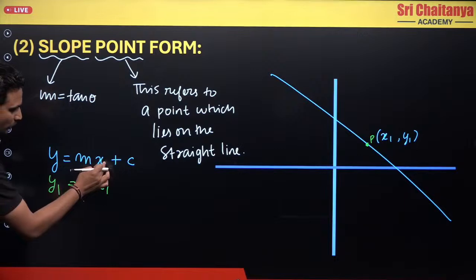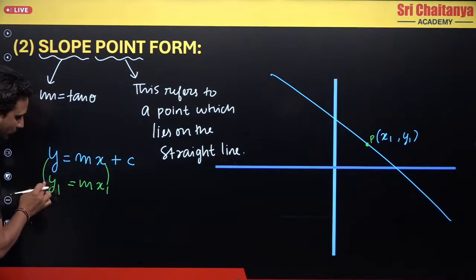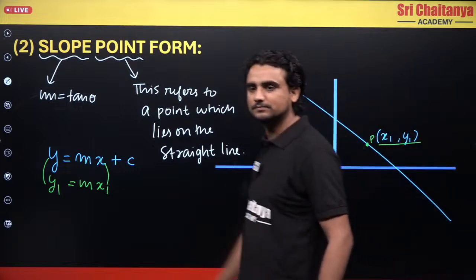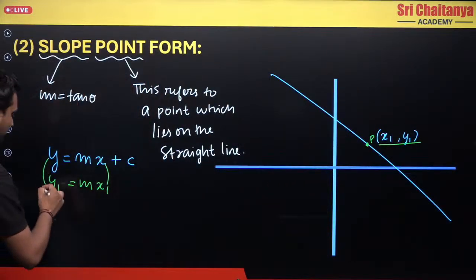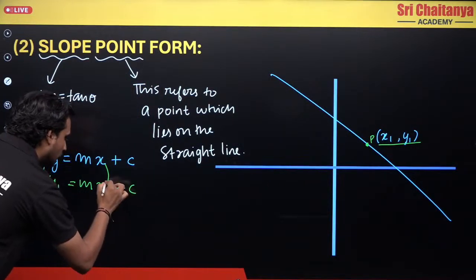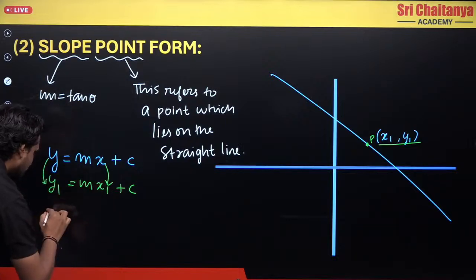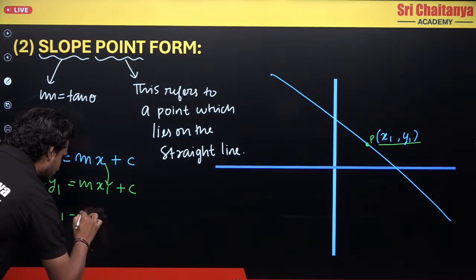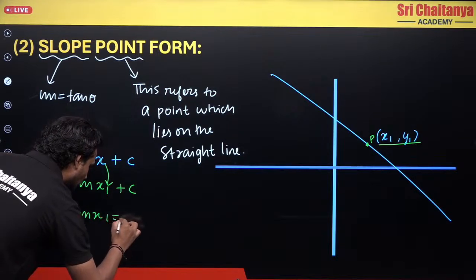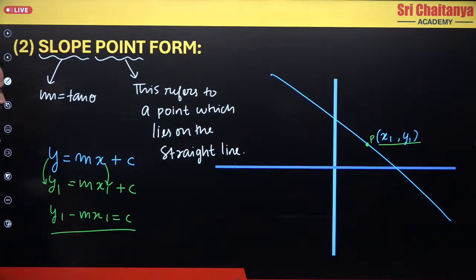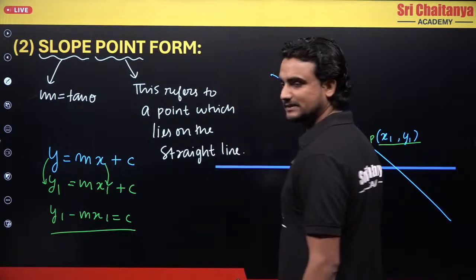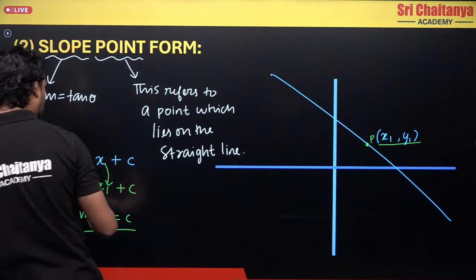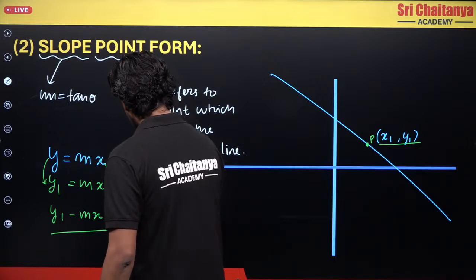Because corresponding to x1, y should be y1 here, because this is the point P which lies on the straight line, correct? So through here I can easily find the value of c. So what is c? y1 minus mx1 is equal to c, correct?